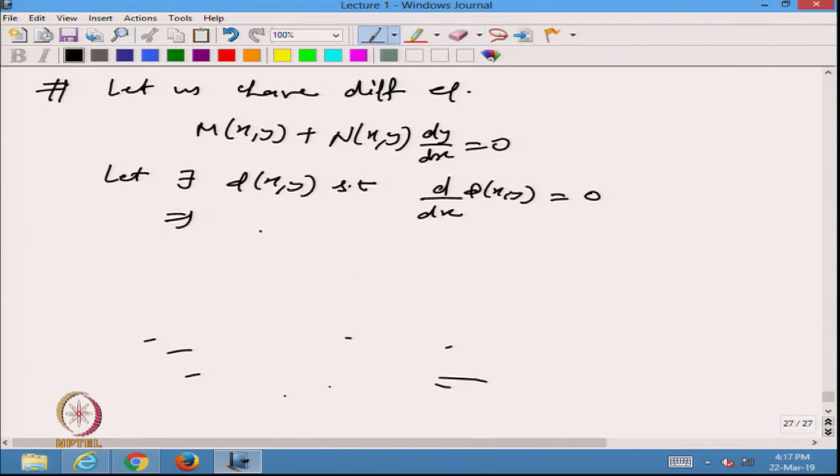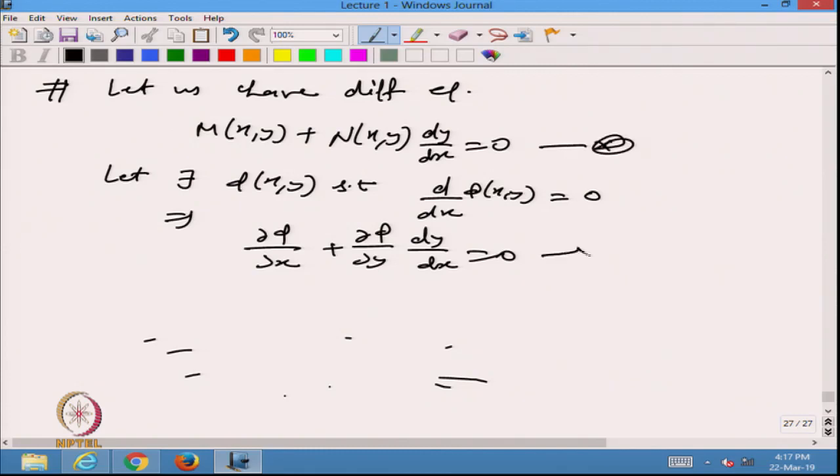The total derivative is del phi by del x plus del phi by del y dy/dx equal to 0. So if I compare this with the equation, I get that if I have this phi, then del phi by del x is equal to M and del phi by del y is equal to N.